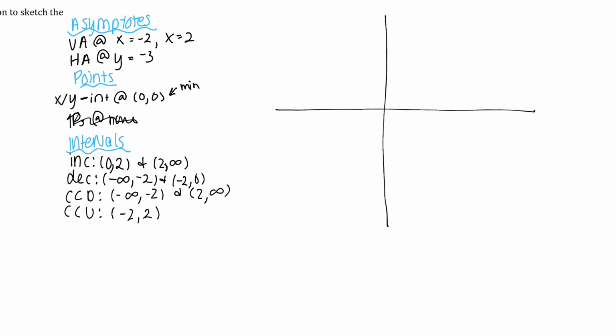So we have vertical asymptotes at 2 and negative 2.